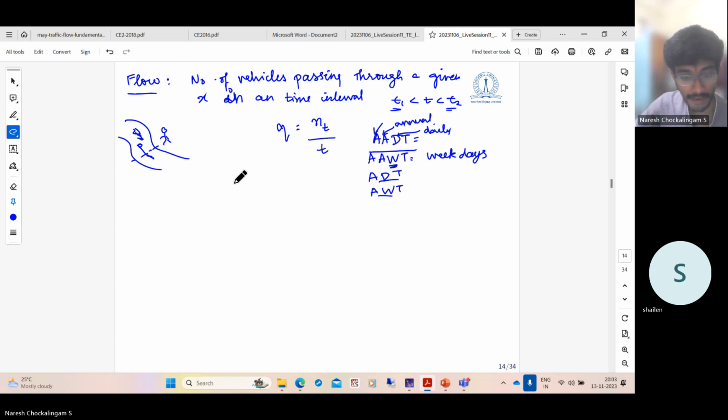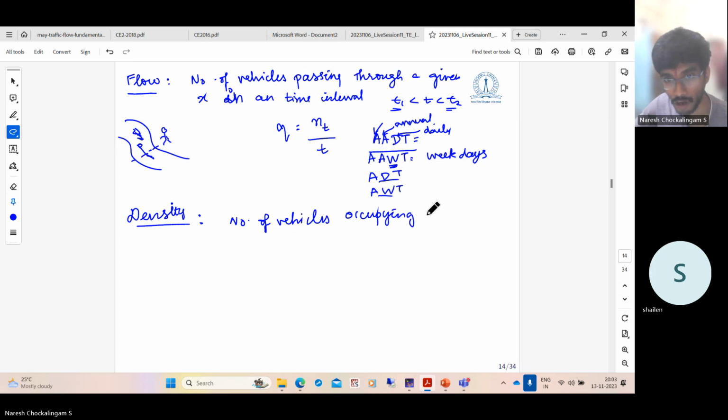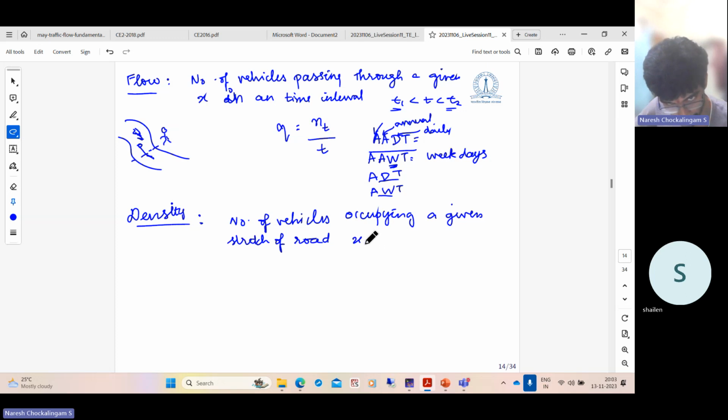Then density is the number of vehicles occupying a given stretch of road. When we say a given stretch of road, it is x1 less than x less than x2. So density, how do you measure?